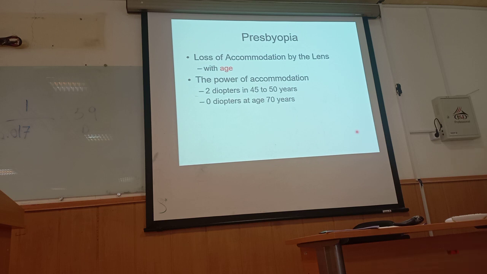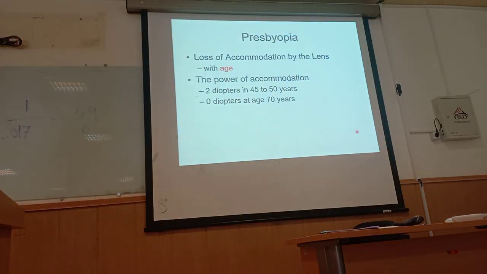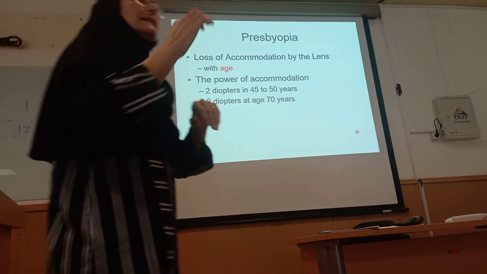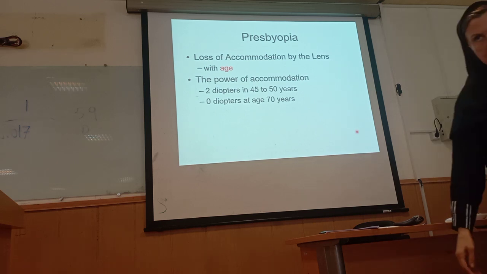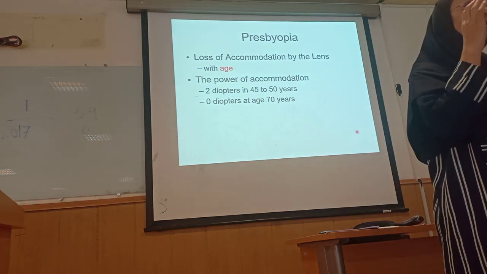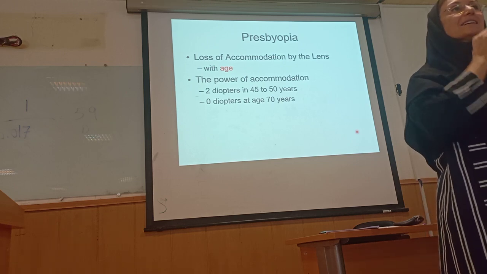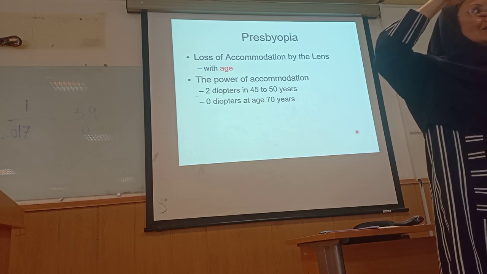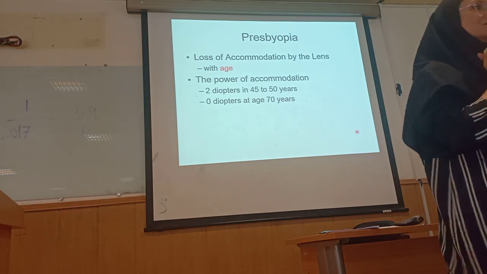But if people don't need something for seeing far, they just have convex glasses. But if they have some problem for seeing far, and they get presbyopia, they need bifocal glasses. The upper part is concave for seeing far, and the convex for seeing near.